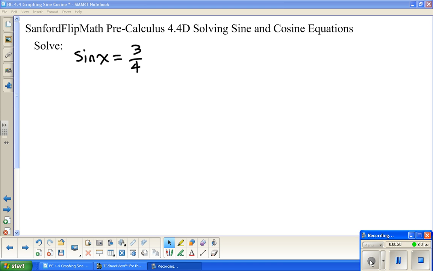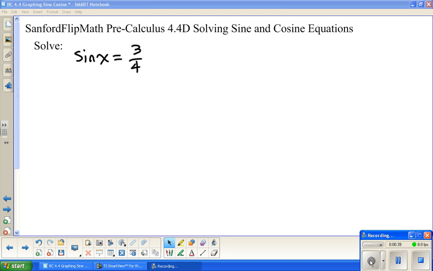The first big chunks of this section were about graphing sine and cosine functions. The next section is really about solving sine and cosine equations, with a little bit of tangent equations thrown in just for fun, because the process is really the same.